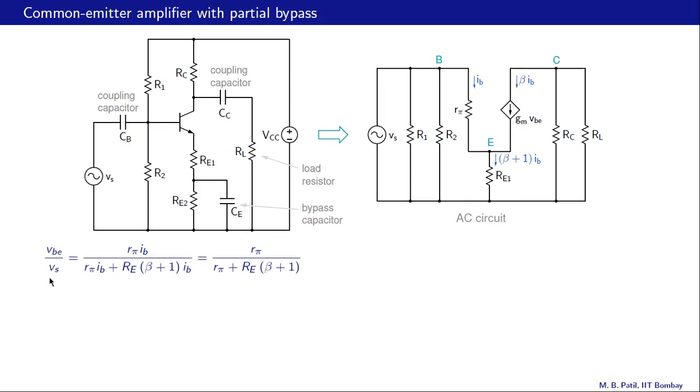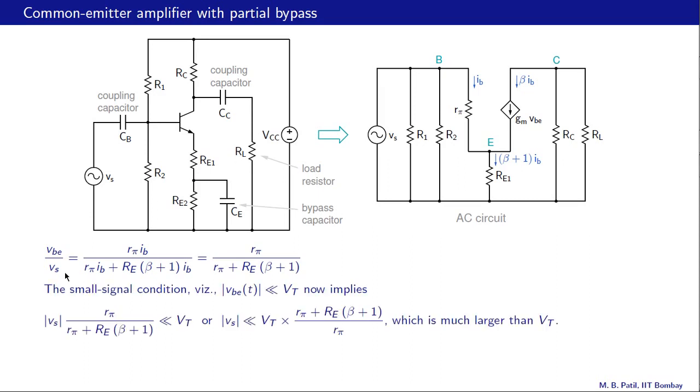And why is this ratio important? Let us see. The small signal condition, namely VBE much smaller than VT, now implies the following. And let us see where this comes from.